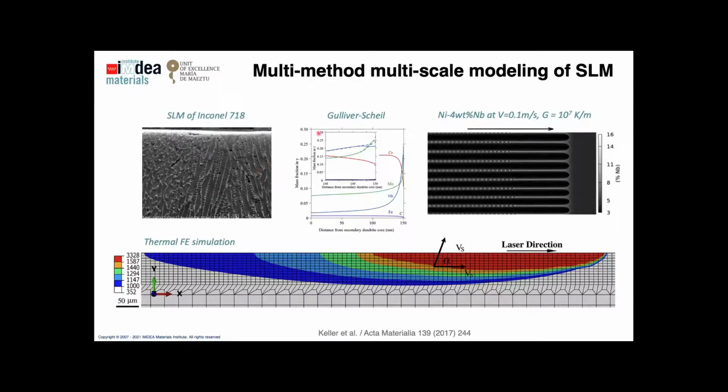For instance, these are essentially independent studies. They just do a CALPHAD calculation using a Gulliver-Scheil model. They do a thermal finite element simulation on one side, and then they do a separate one with other parameters on a binary nickel 4% niobium phase field calculation with parameters that are perhaps not that converged.